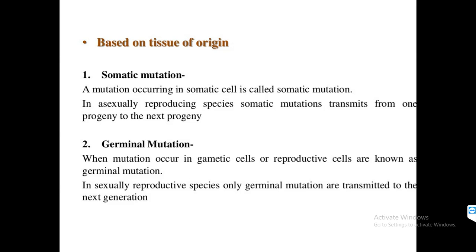For example, in asexually reproducing species, somatic mutations transmit from one progeny to the next progeny. Asexually reproducing species are those species that reproduce by forming spores or conidia.